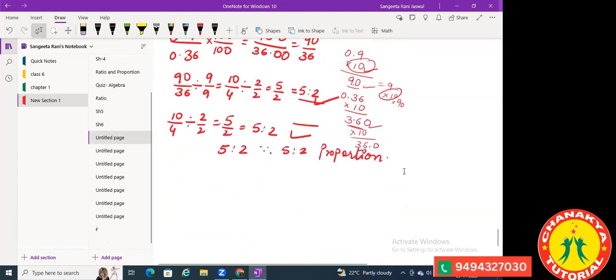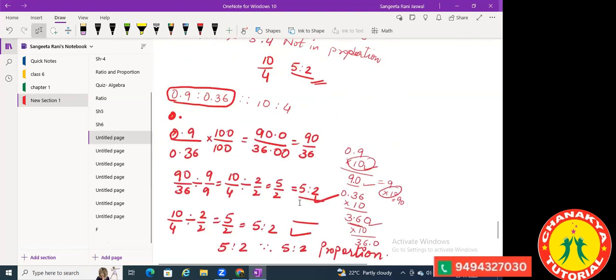Is there still a doubt? Yes, ma'am, I have a doubt in this decimal part, ma'am. This 0.9. Who is saying this? Who has a doubt? Ma'am, me, Sritej. I did not understand why you multiplied by 100. To remove the decimal points, bache. See, I multiplied with 100 because in 0.36 the decimal point was after two numbers.